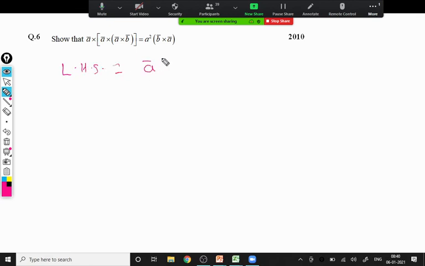LHS: A cross (A cross B), and this is again that 1 2 3.